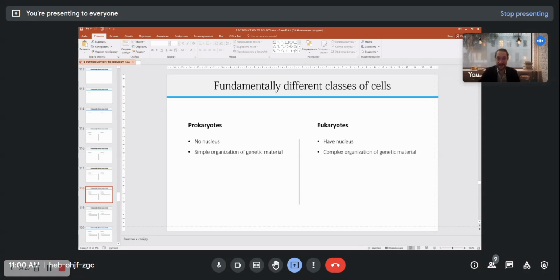And this gives eukaryotes an advantage in terms of the number of different reactions that they can do. So they can do more tricky reactions to situations coming from the external world and situations that maybe happen inside of the cells. So they are more advanced in terms of adaptive reaction.